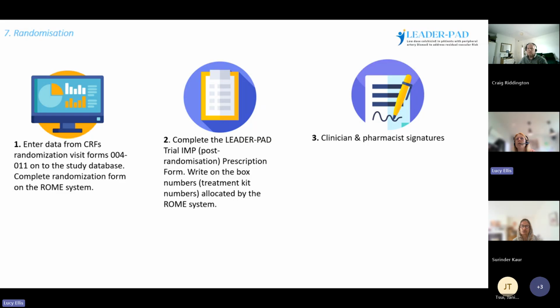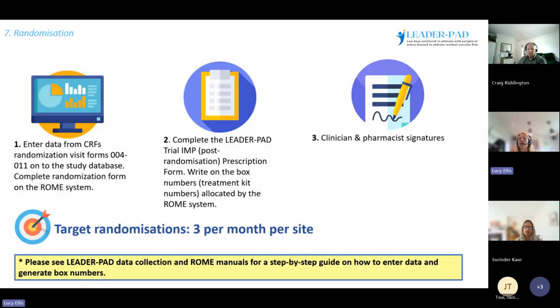And with the annual follow-up visit, the same process happens. You complete data from the CRFs for the follow-up visit, you go onto Roam and complete a follow-up form within Roam to get the kit numbers, put them on the prescription, and again, they get signed off. And we do have a target for sites to randomise 3 participants per month.